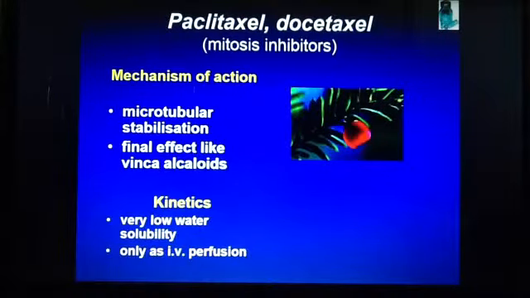And lastly, we're talking about the taxanes, so paclitaxel and docetaxel. These are mitosis inhibitors, remember. The MOA, microtubular stabilization. Final effect is the same as vinca alkaloids. Kinetics, very low water solubility, used only as an IV perfusion.